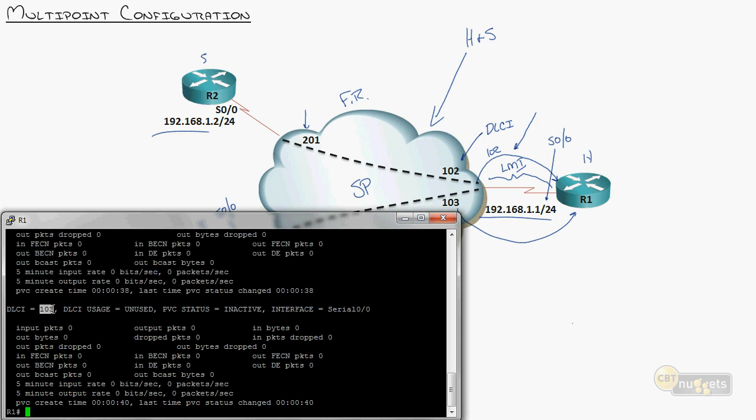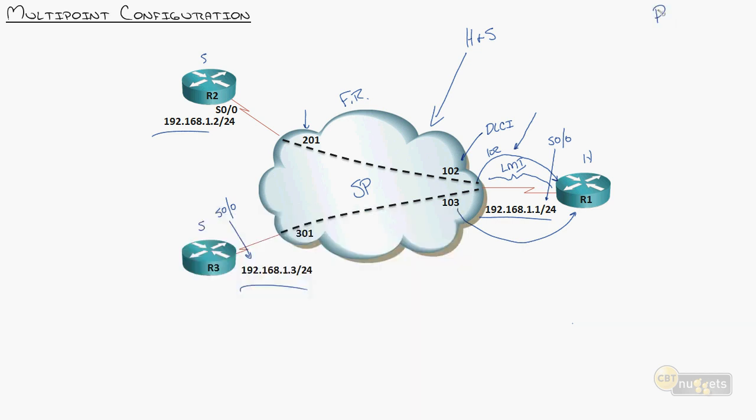Now one other big thing I can see right here. I see the DLCI number, and then over here I see PVC status inactive. Three different terms. You want to know this. So PVC status, let me write it up here. First one, inactive.